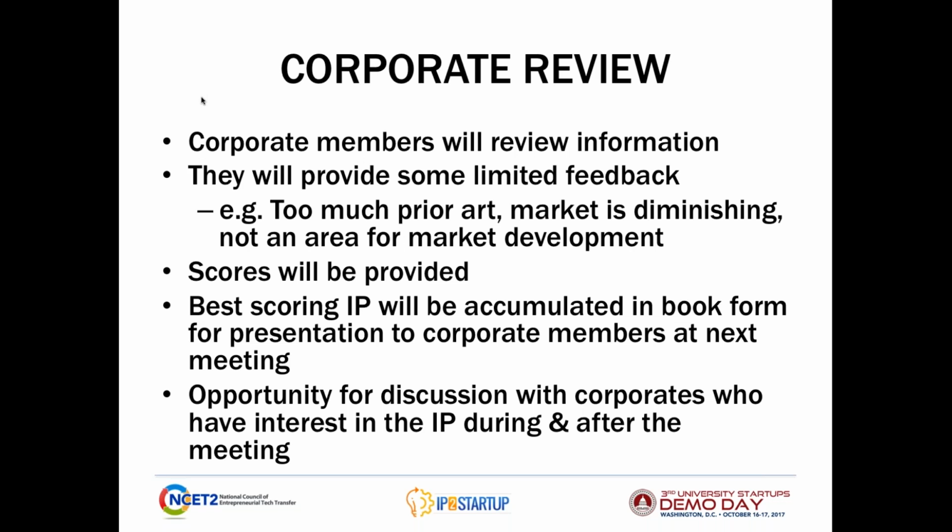So they're really going to give you very little feedback, but some feedback. And that is that you might have too much prior art, or the market isn't high enough, it's a diminishing market, or there's just not an area here for market development. And they're going to have business reasons for those answers.